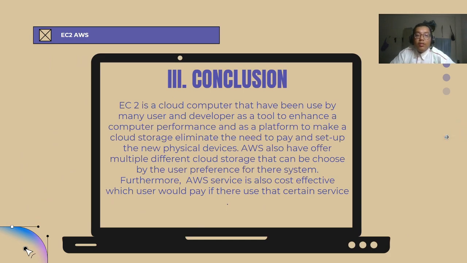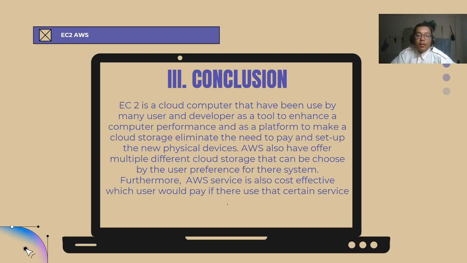Okay, lastly, conclusion. EC2 is cloud computing that has been used by many users and developers as a tool to enhance computer performance, and as a platform it eliminates the need to pay for and set up new physical devices. AWS also offers multiple cloud storage options that can be chosen by the user's preference.